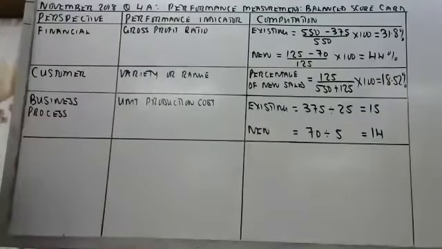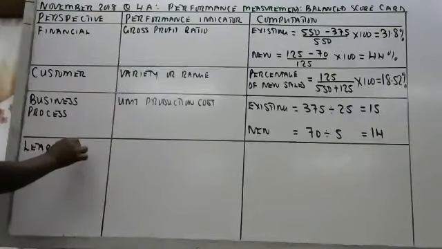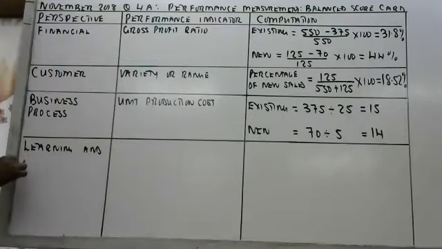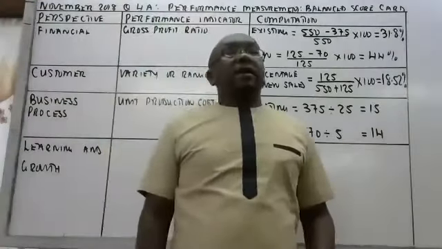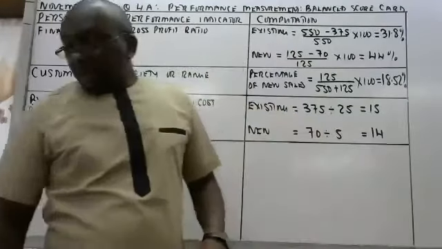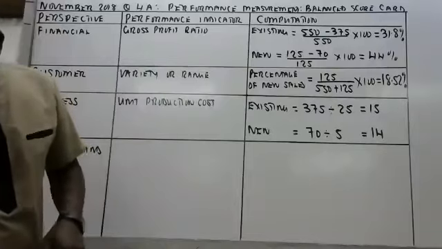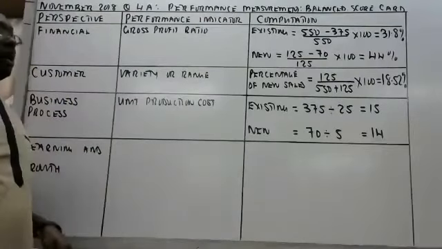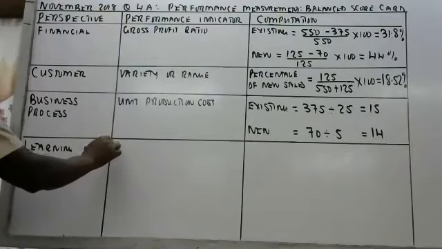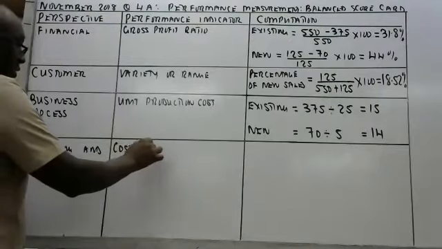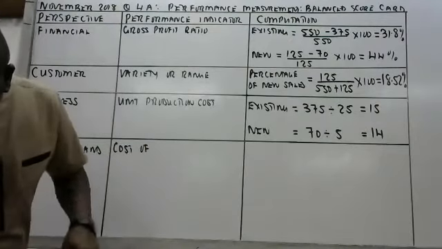The last one that we can comment about is the running and growth perspective. So how can we measure whether there is some running and growth? Now this one, you can look at the cost of money that we are spending on, so the cost of, they are calling it what?